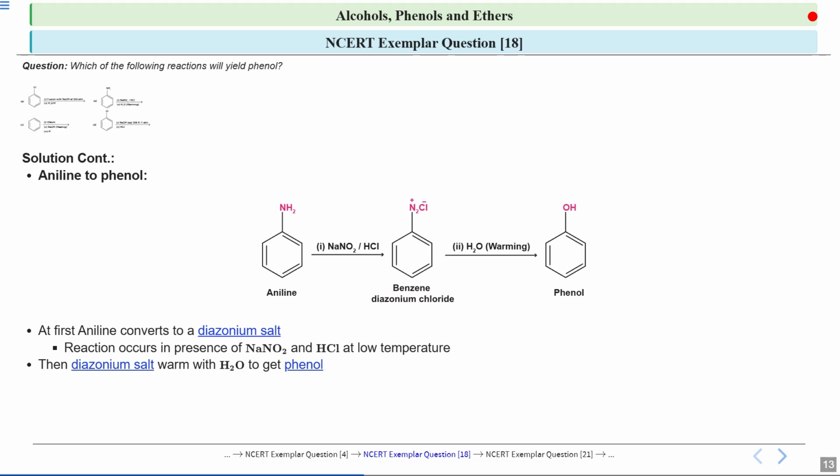Then this benzene diazonium chloride is warmed with H2O to get phenol. So the final product you get is phenol. This occurs by a nucleophilic substitution pathway, where the diazonium group is substituted by OH, that is hydroxide. So finally you get phenol.